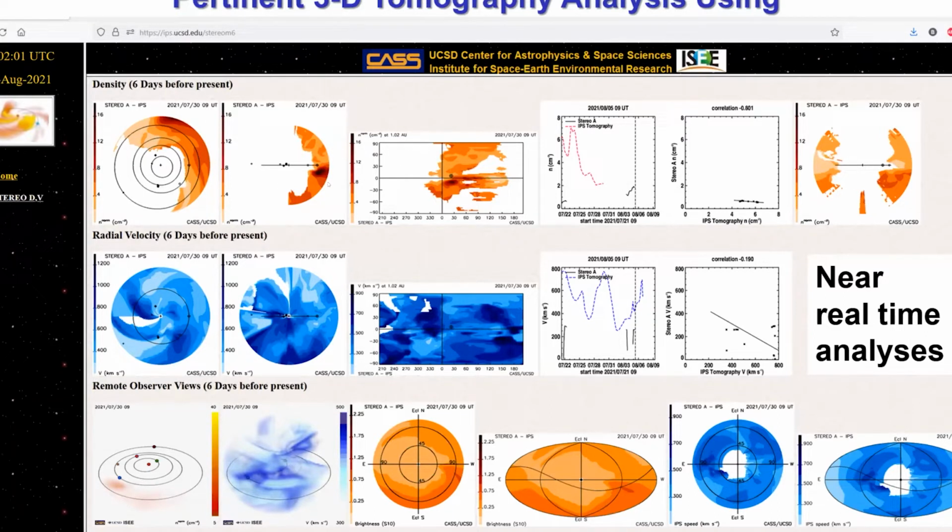These are fairly low resolution. This has about a 4-hour cadence that's been represented here, maybe more like 6. Anyway, so it's low resolution, it's fuzzy.